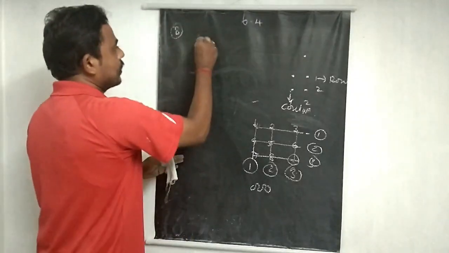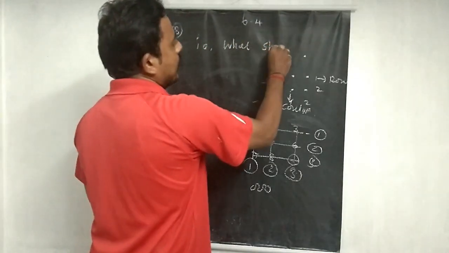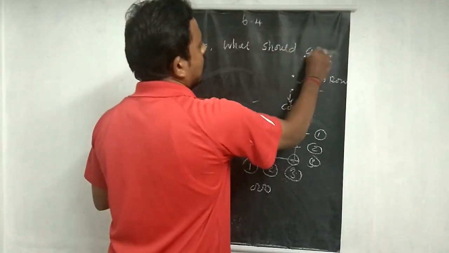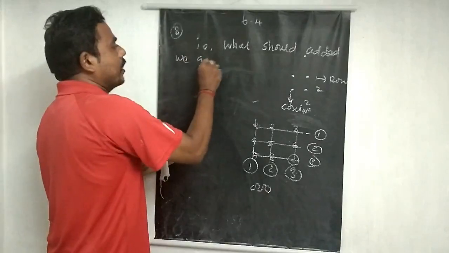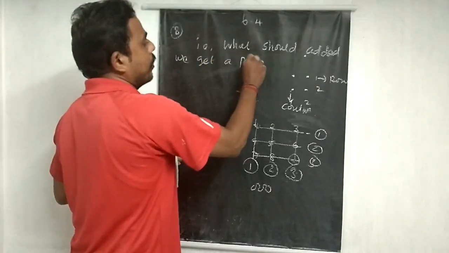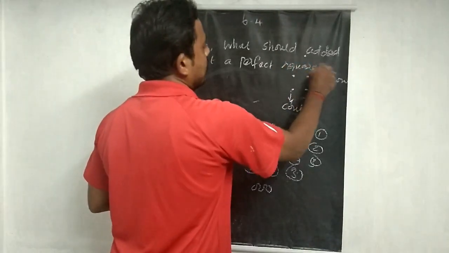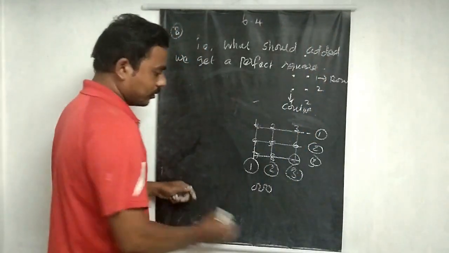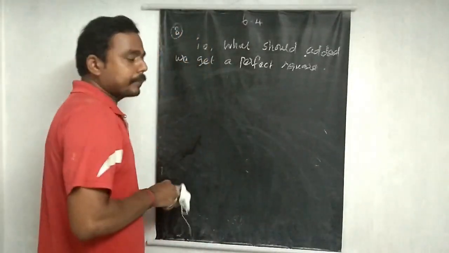So the question is what should be added so we get a perfect square number. So we need to find the next smallest perfect square number.